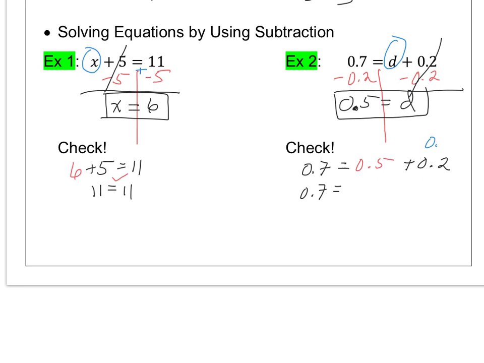We're going to take 5/10 and add it to 2/10. A lot of times it's easier just to add and subtract your decimals vertically rather than horizontally this way. So I'm just going to add straight down. I've got the decimals lined up. I'm going to add straight down, and sure enough, indeed, it does come out to be 7/10. So it checks. Let's look at the next page.